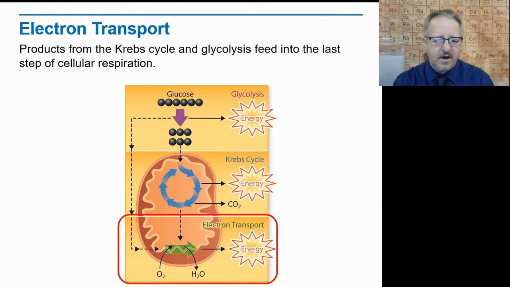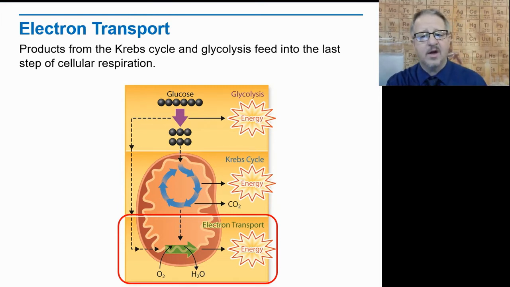here we have electron transport, and the two primary products that are created during electron transport are, of course, energy. That's the big one. That's the main goal here. But we also have an output of water. But the electron transport chain is unique in that it requires oxygen.